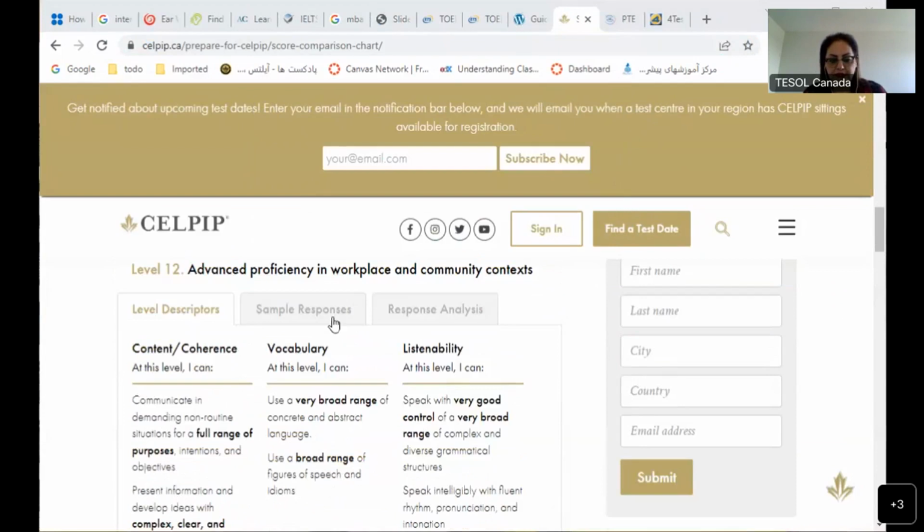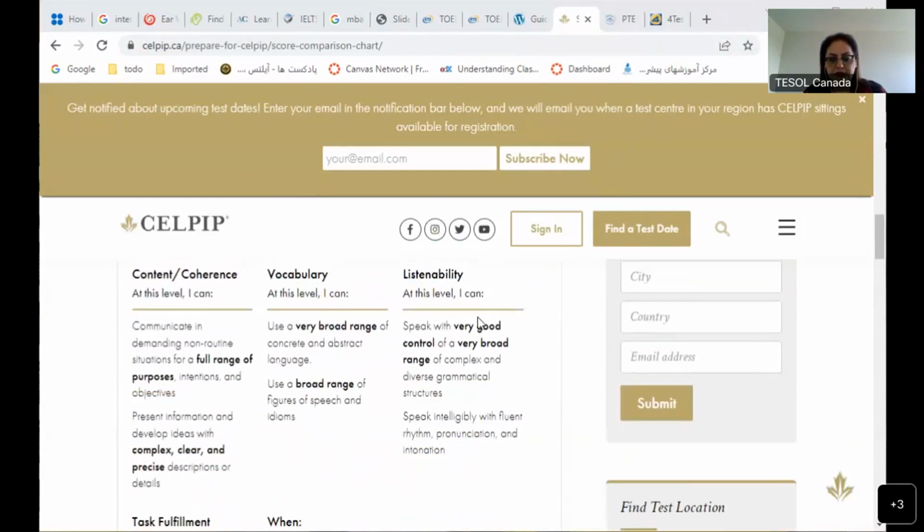So here it says content, listenability, vocabulary. Speak with very good control of a very broad range of complex and diverse grammatical structures. So that is 12. Vocabulary: use a very broad range of concrete and abstract language. Use a broad range of figures of speech and idioms.